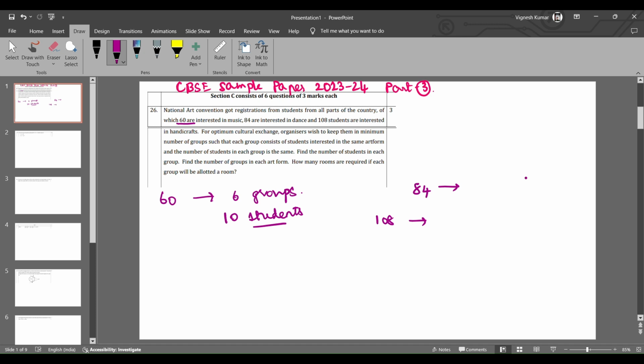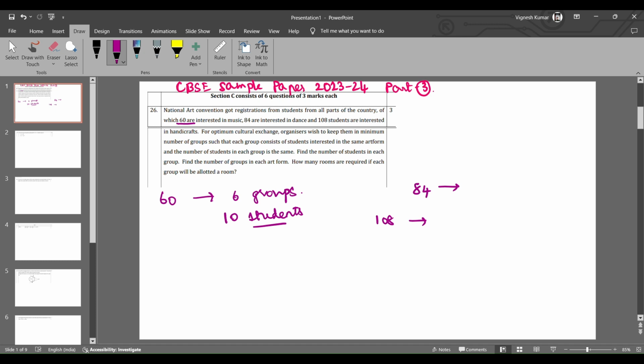But is that possible? Because if you divide 84 by 10, you will have 4 members remaining, and if you divide 108 by 10 you will have 8 members remaining. So it is not possible to divide 84 and 108 into groups in which each group contains 10 students, right?